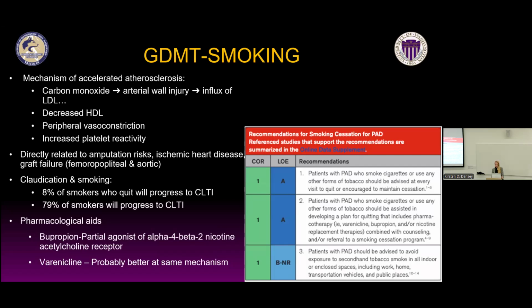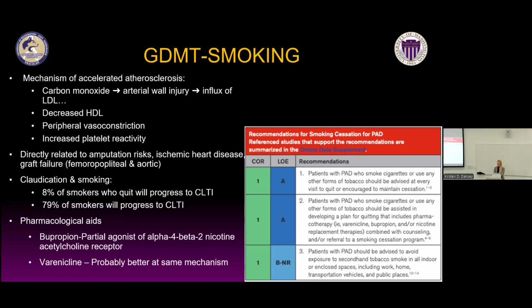As a result, we consider revascularization a contraindication for patients who are still actively smoking. We've found that among patients who continue to smoke, even without any type of revascularization, 79% will progress to CLTI, whereas only 8% of patients who quit will progress to CLTI.